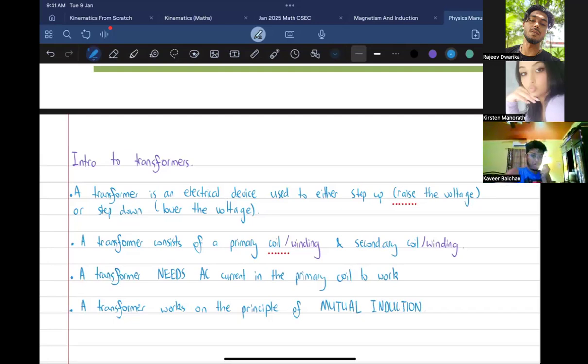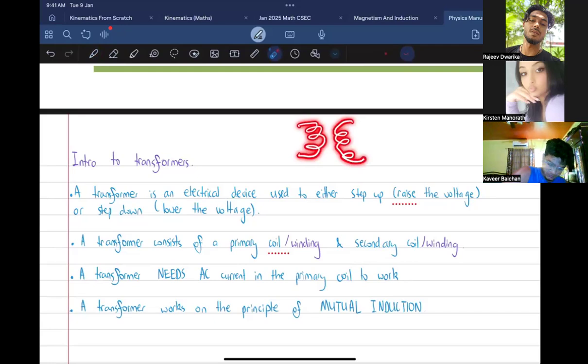Perfect. So if there's a change in magnetic flux and there's another coil close by, there will be an induced voltage. So we have two coils right next to each other. You have the primary coil and you have the secondary coil. In the primary coil, we are supplying alternating current, right? Because it's alternating, we'll have a change in magnetic flux, right? Because there's a change in magnetic flux, what are we going to get at the secondary coil?